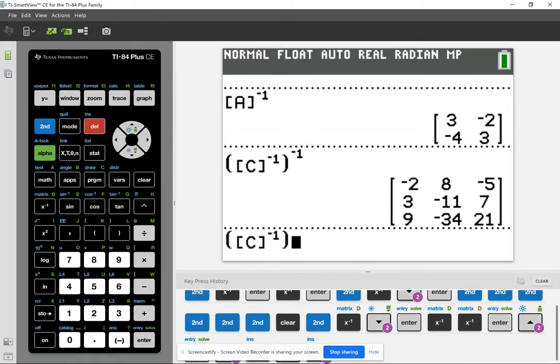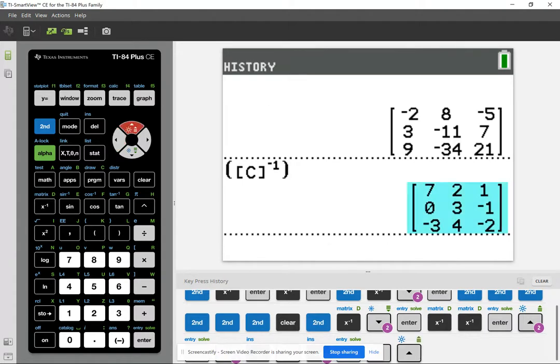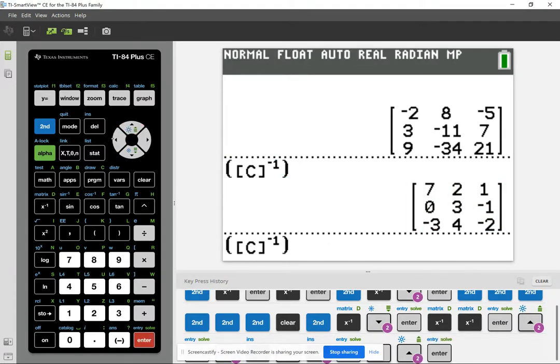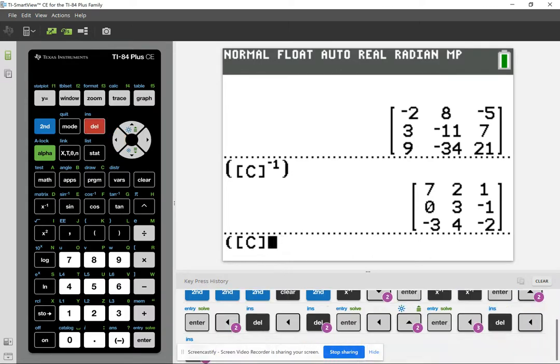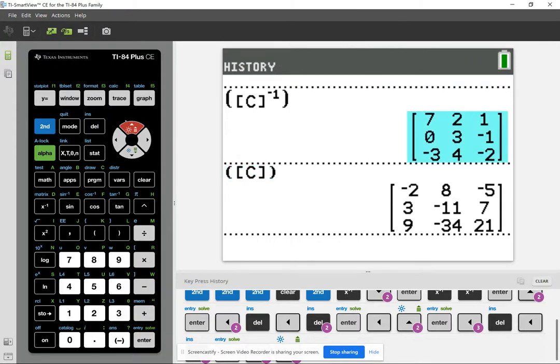Point is, you can do it to any square matrix, meaning it has to be a 2 by 2, a 3 by 3, 4 by 4. So here's the inverse of whatever I had for matrix C. This is what the inverse is of this matrix.